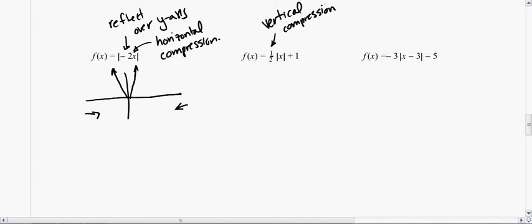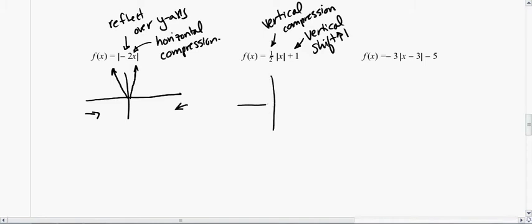If I'm multiplying by a number greater than 1 outside the function, that's going to be a vertical stretch. And then I'm adding 1 on the outside. Adding 1 to the function is a vertical shift. So vertical shift is going to go up 1.